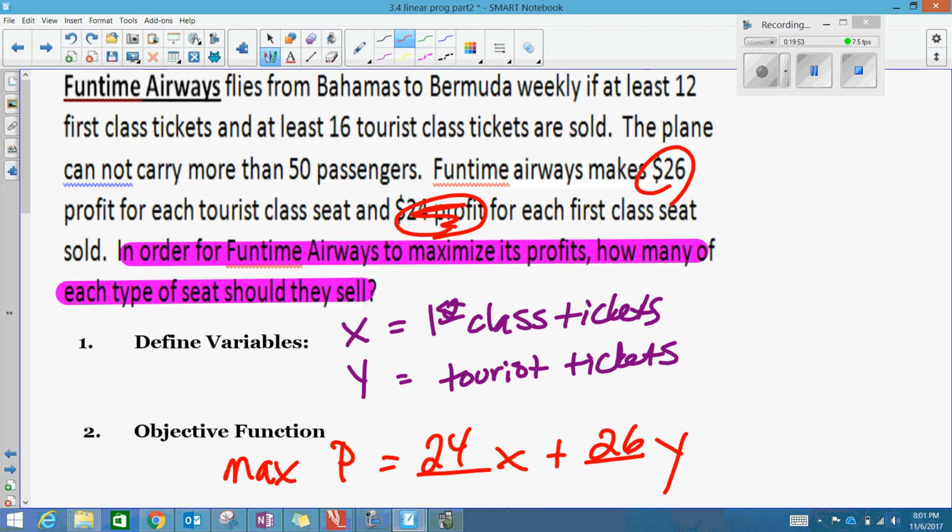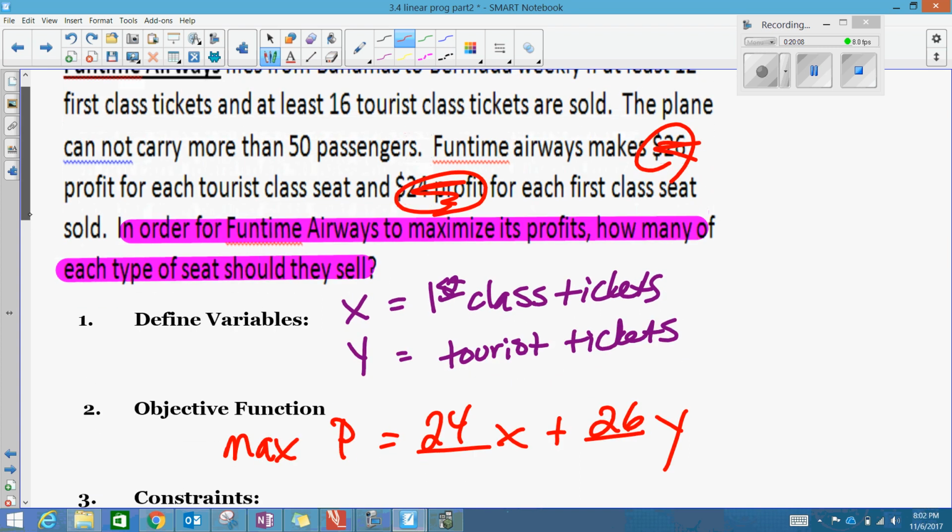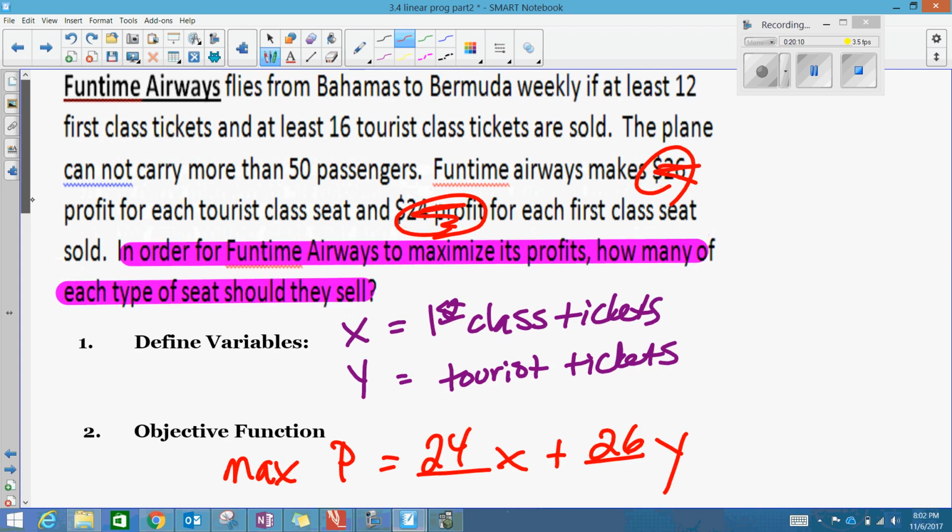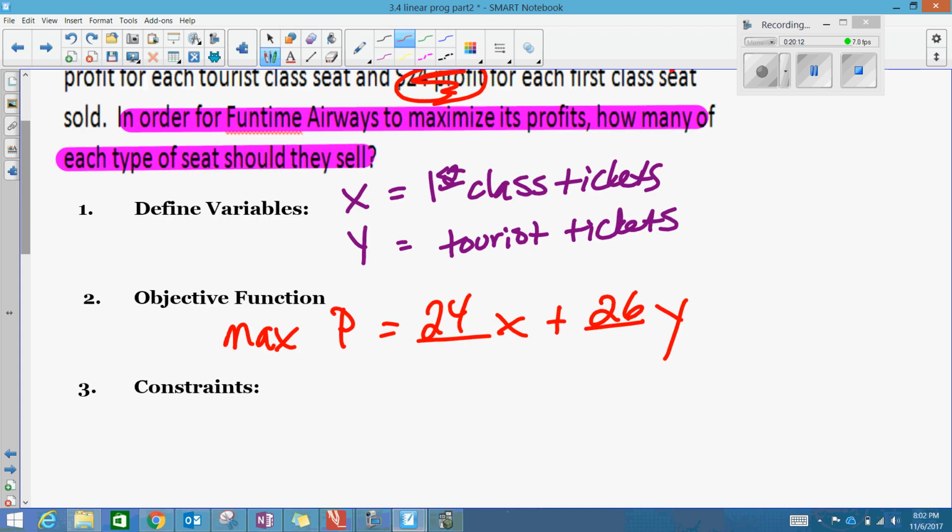Okay, now I'm done with those. Our constraints are a little bit different here. They have to sell at least 12 first-class tickets and at least 16 tourist class tickets. Those are going to be little constraints. So X, our first-class tickets, has to be greater than or equal to 12, because it has to be at least 12.